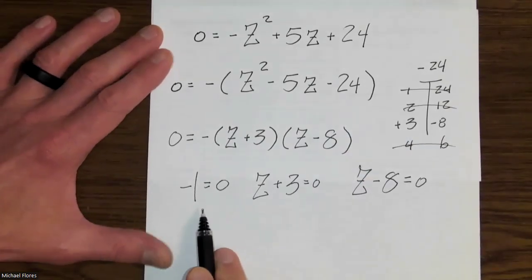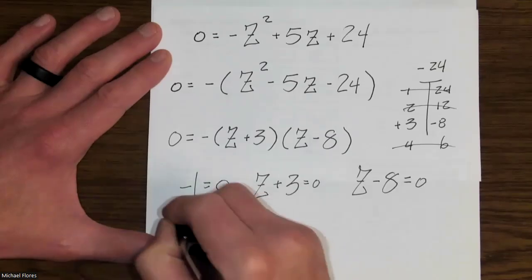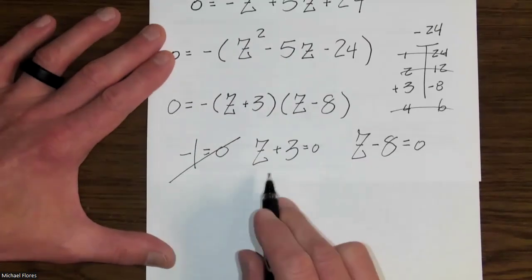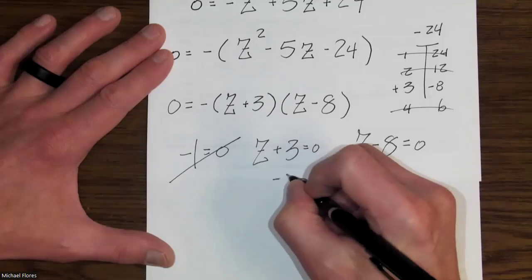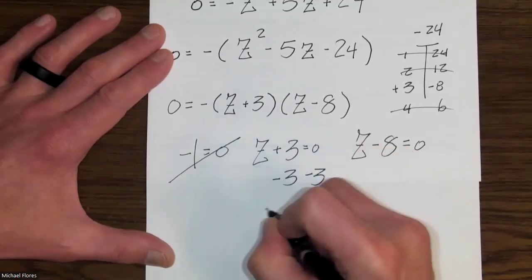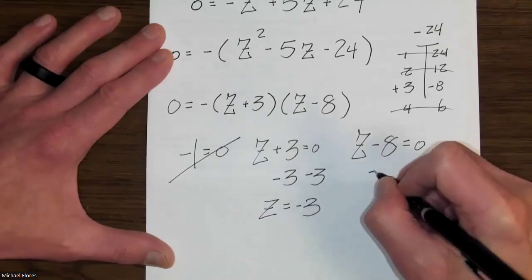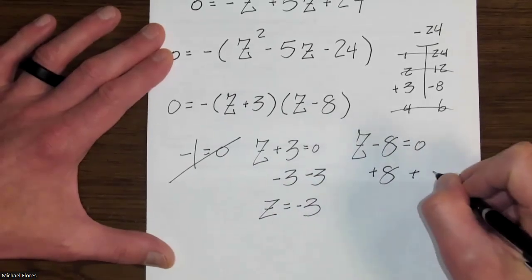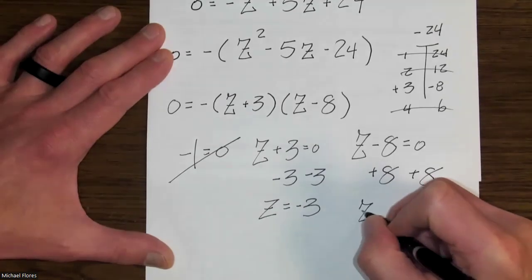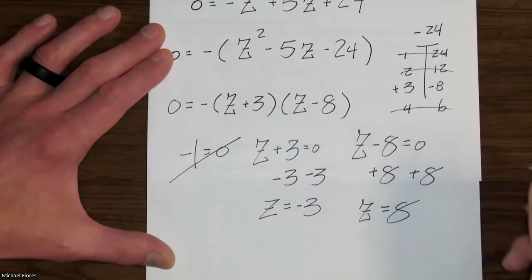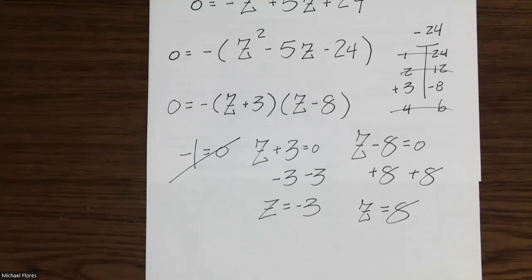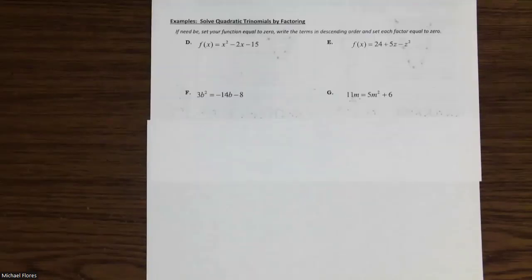Now start here. Negative 1 equals 0. No, it doesn't. So that's not a solution. Z plus 3 equals 0. Well, this can be solved. And now we have our solutions, negative 3 and 8.